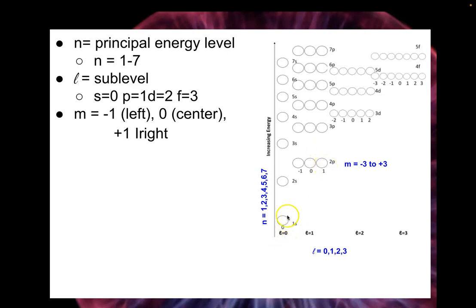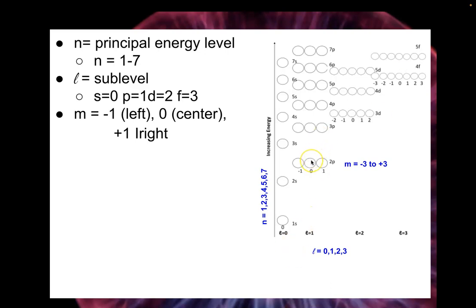It's important to note if you only have s orbitals, you're only going to have the 0. But you can look up here at our d orbitals, and we have 0, 1, 2 to the right, and 0, -1, -2 to the left. And our f's, because they hold more electrons, are going to go all the way to -3 and +3.